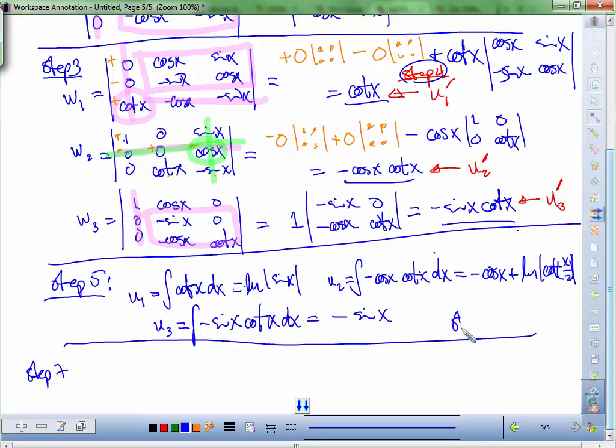So step 6 would be your y particular is equal to just these things, multiplied by the y1s. Step 7 is our final answer.